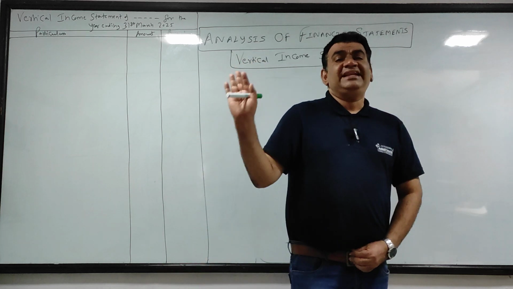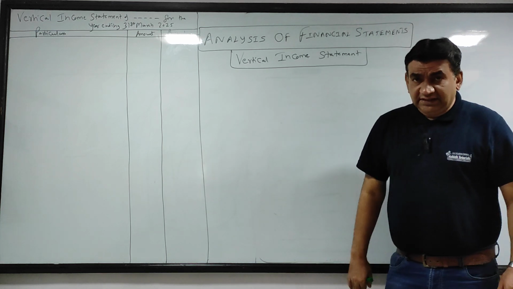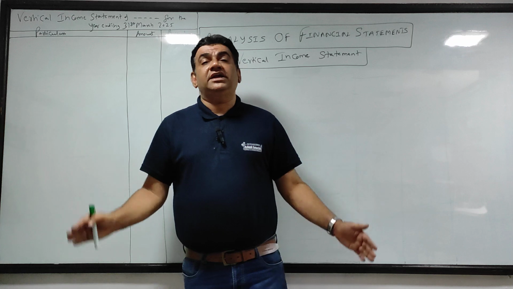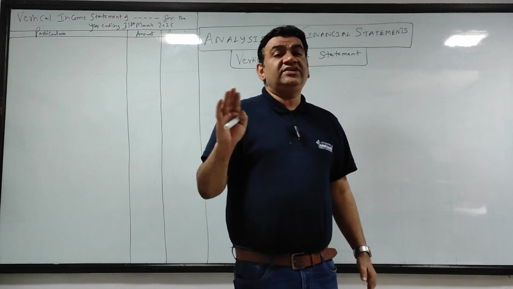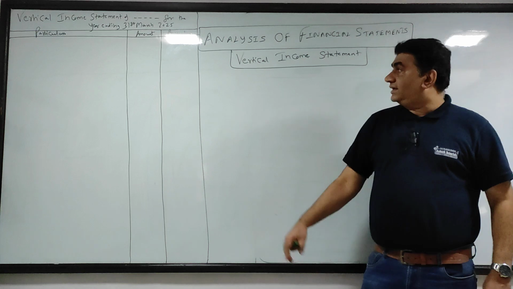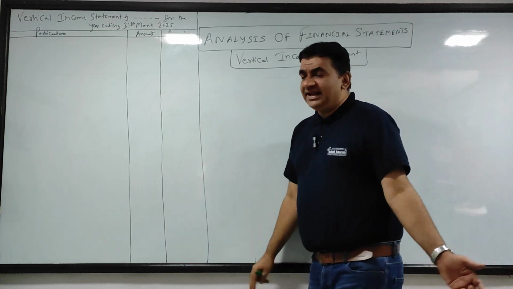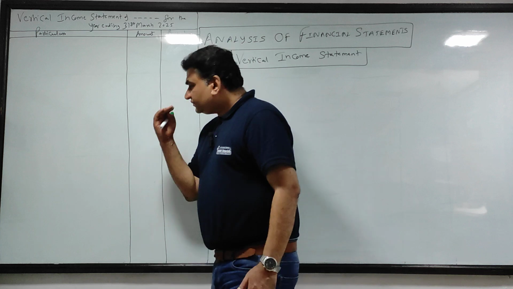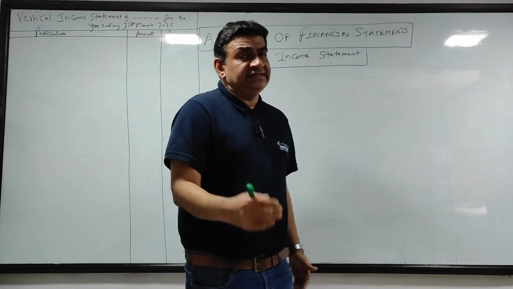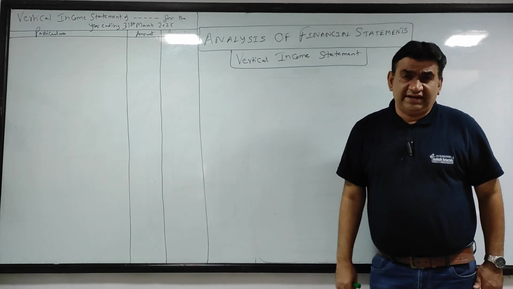So when I say vertical income statement, that is nothing but converting your trading P&L into vertical format. Converting the trading account and the profit and loss account into the vertical format is called vertical income statement. Getting it? It's very simple. Now, how we had a format for balance sheet, similarly, we have a format for income statement.